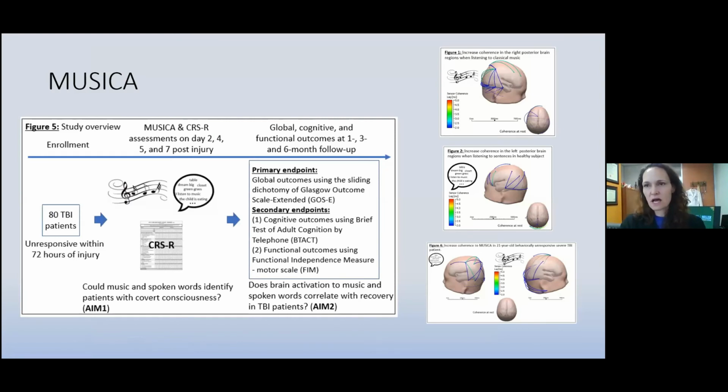I don't know if you guys can see this on the outside, but this is the plan for an ongoing study named Musica, which is looking at TBI patients who are unresponsive after TBI. We're looking at the Coma Recovery Scale to gauge when they behaviorally show evidence of recovery of consciousness, and then we're looking at their EEG in response to music being played, and also to language.